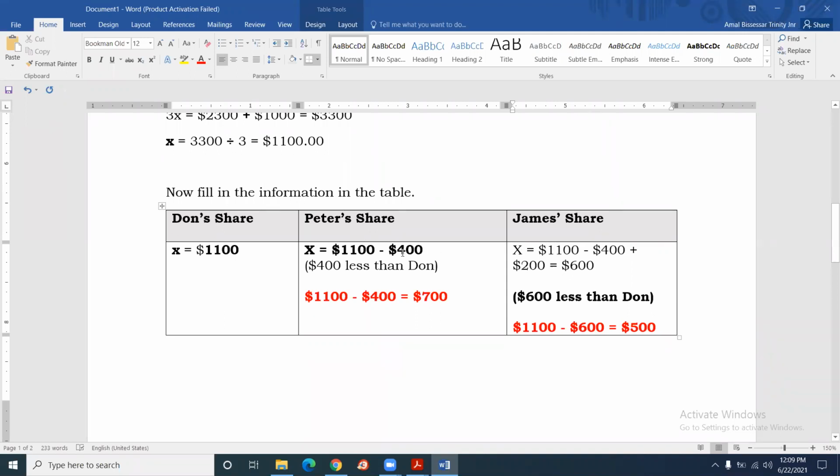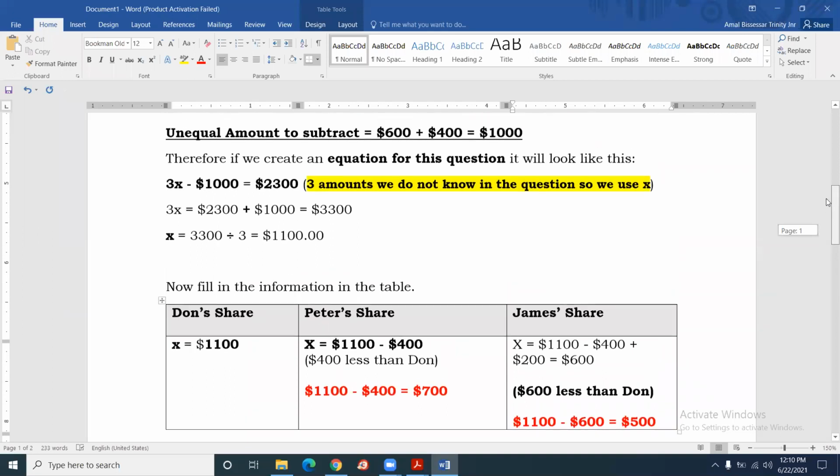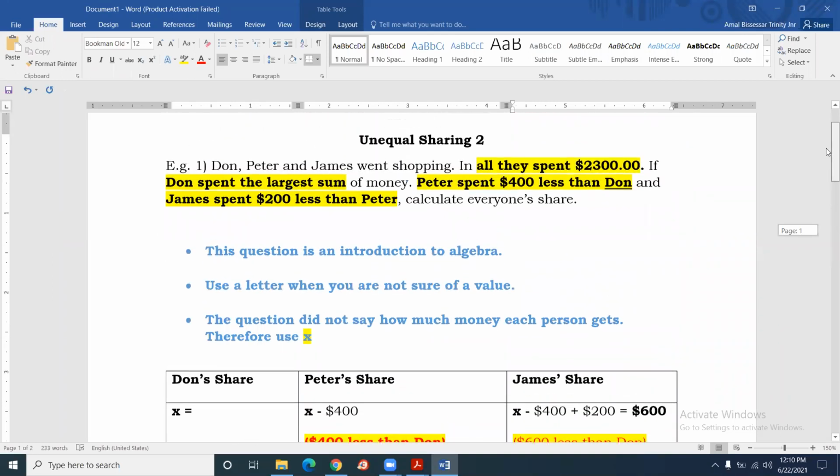So 1,100 minus 400, 700 for Peter. 1,100 minus 600, 500 for James. And Don is 1,100. So 11 plus 7 is 18, 18 and 5, 23. Which is what I started with.